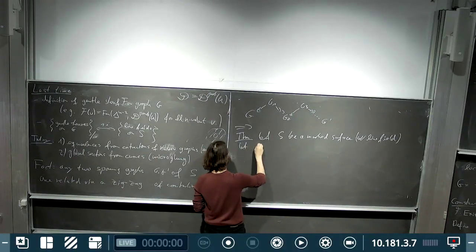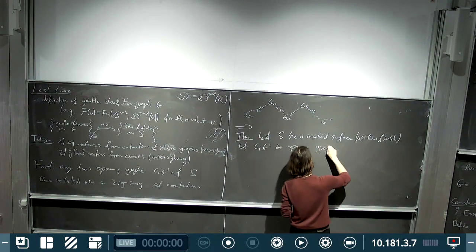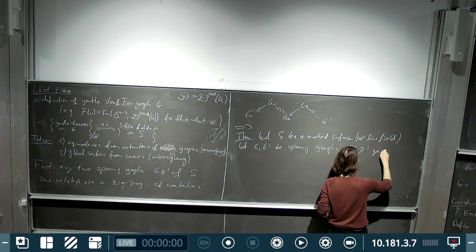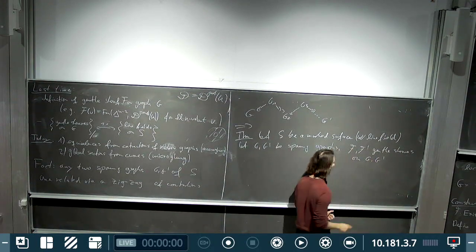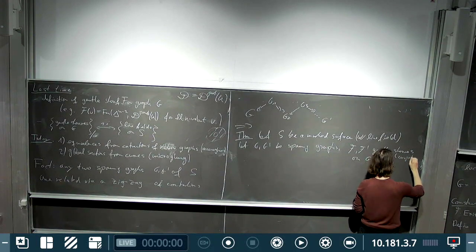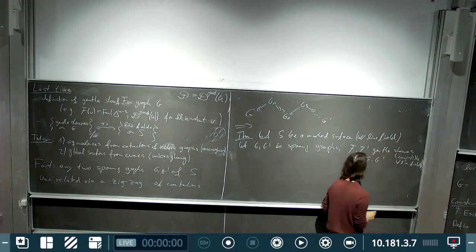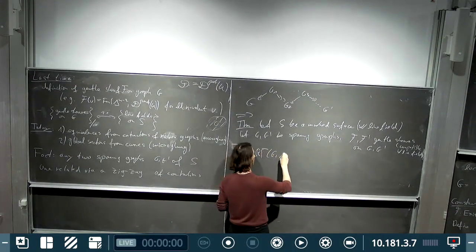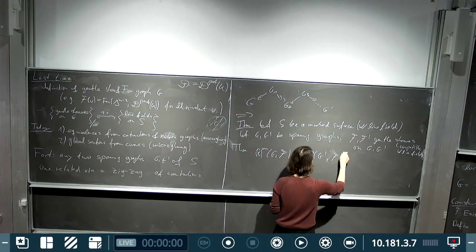Let G and G prime be spanning graphs, and F, F prime gentle sheaves on G and G prime, such that the corresponding line field is compatible with, or inducing, the line field. Then the global sections of F is equivalent to the global sections of F prime.